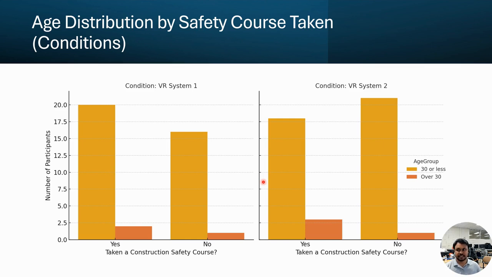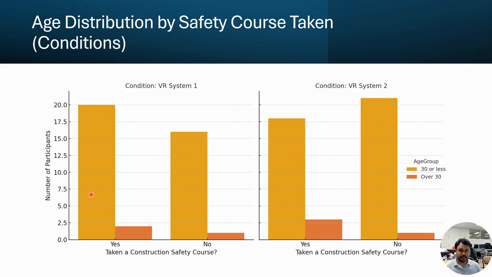Now it is the age distribution by safety course taken. Here we can see that for each VR system, participants were categorized into two groups: a younger group that is 30 or below, and an older group that is 30 plus. If you look at VR system 1, a significantly large number of participants had already taken a construction safety course than those who didn't.